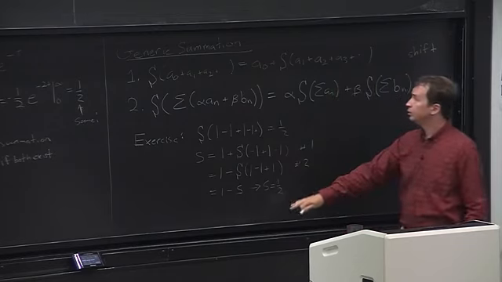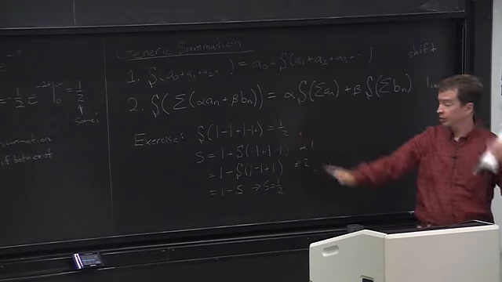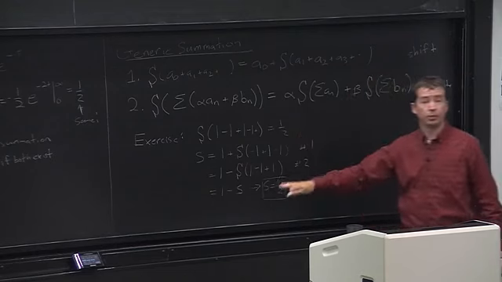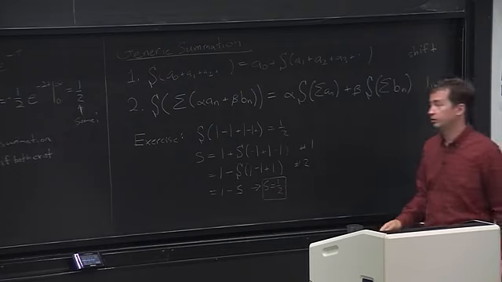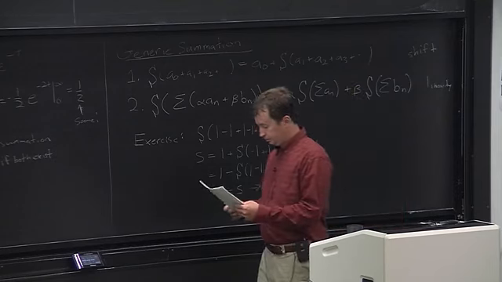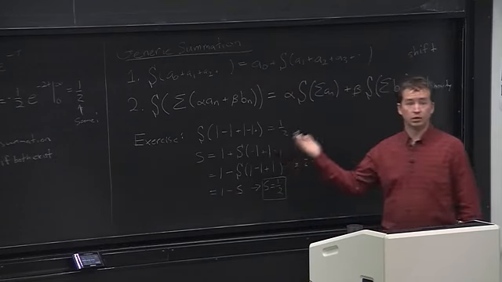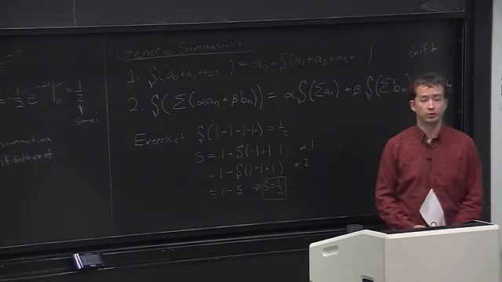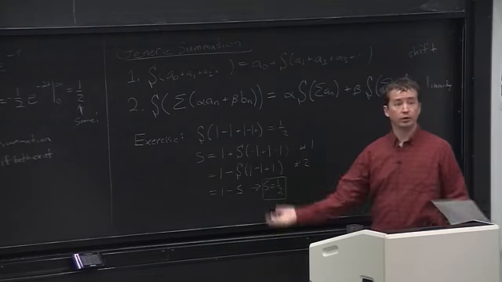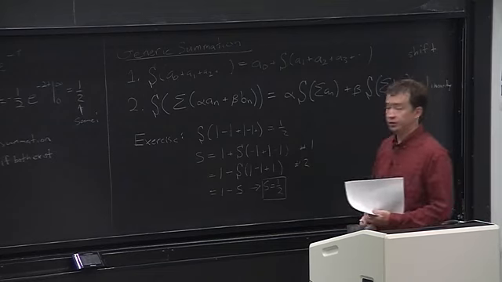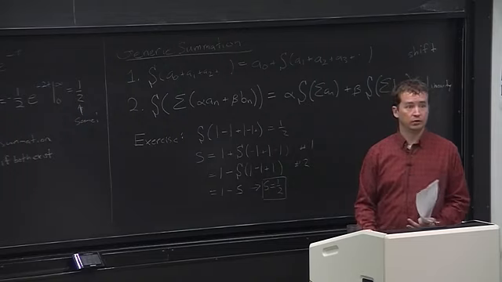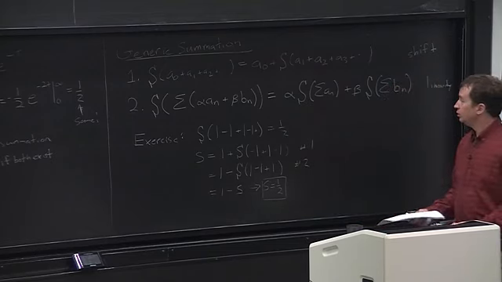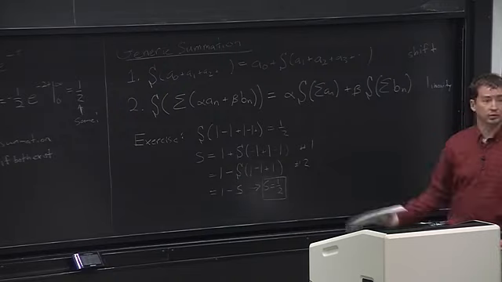So any procedure that satisfies these two very basic properties will assign the same value to this divergent series. So it's not a completely arbitrary thing to do to assign a finite number to a divergent series. There are broad classes of procedures that all give you the same answer, and we'll often do this in physics.